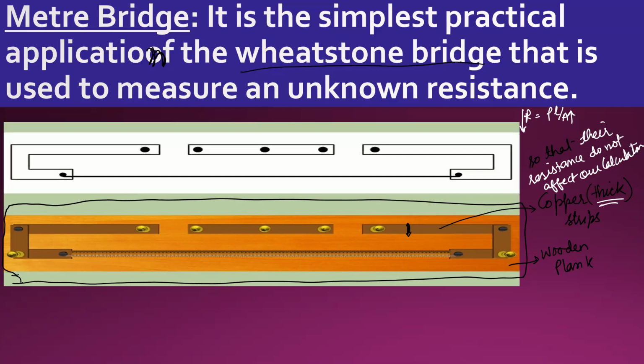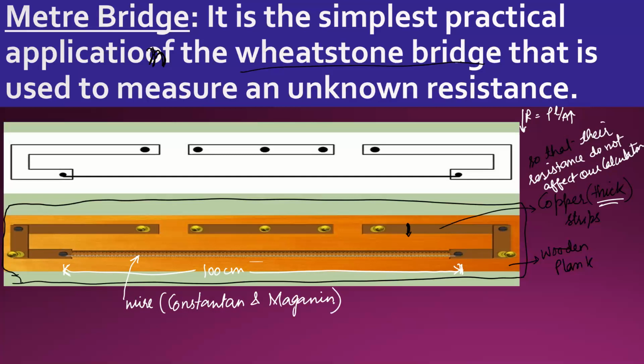Why the name meter bridge is given to it is, here as you can see there is a meter scale. This is of 100 centimeter length. That is why it is called a meter bridge. And a wire is connected over the scale, and this wire is made up of alloys named constantan and manganin.